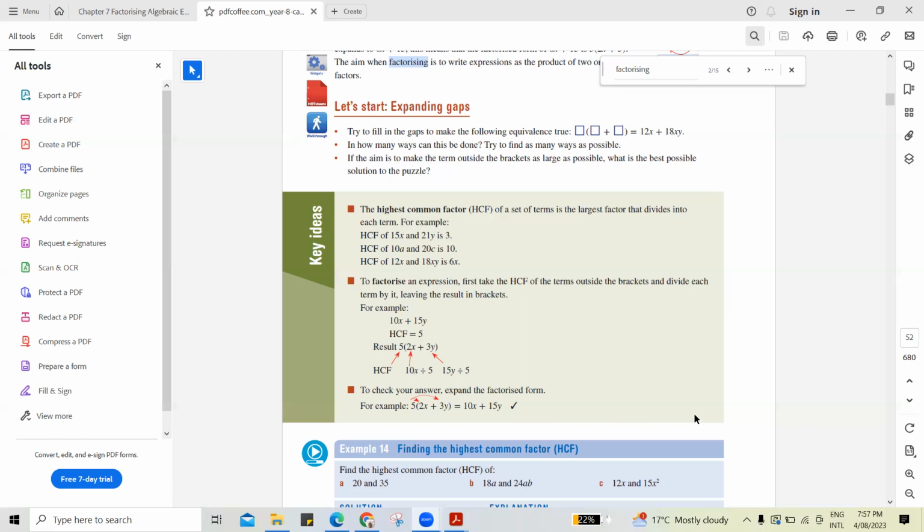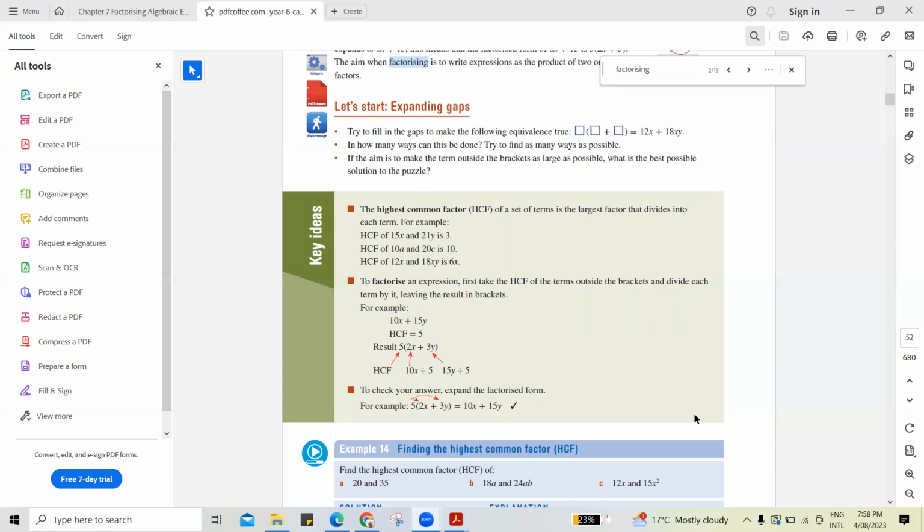Second one, 18 and 24. Try first 2. Yes, you can divide both 18 and 24, right?